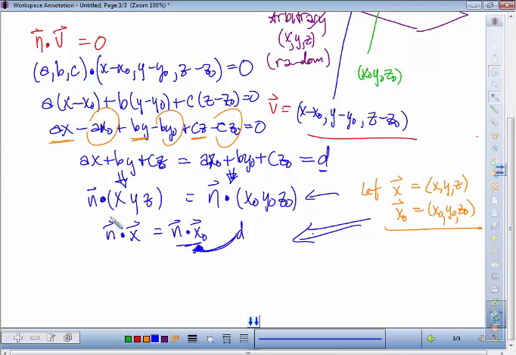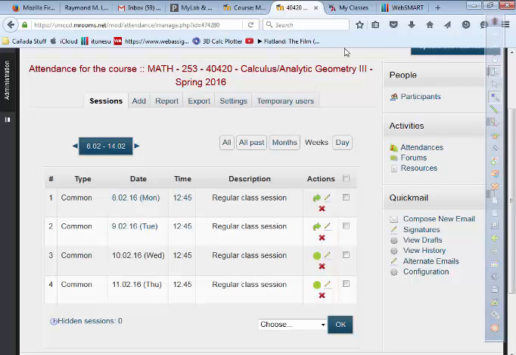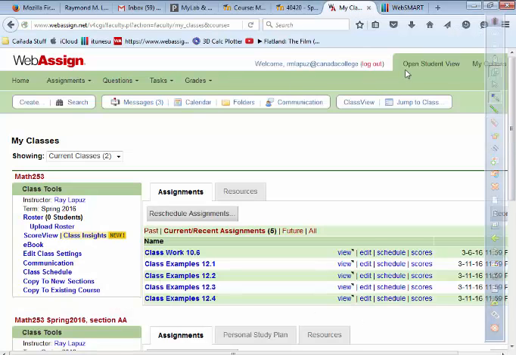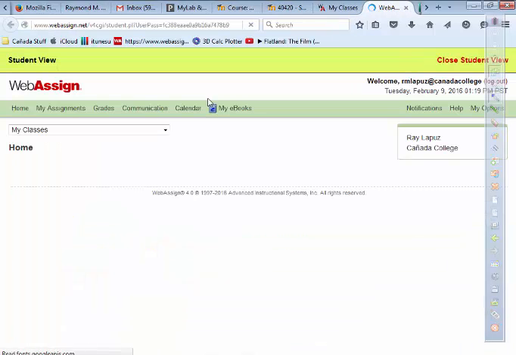Suppose we should do a quick example. Let me see if I have a homework type of problem that we can do real quick. I didn't prepare my student view.